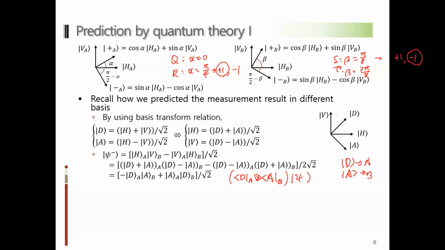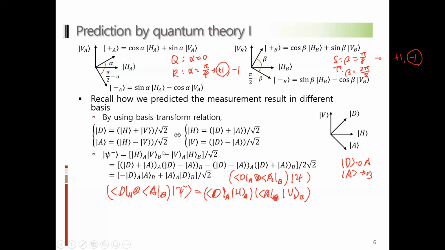So if I just calculate as an example, the D_A A_B multiplied on the psi minus corresponds to D_A H_A and A_B V_B.